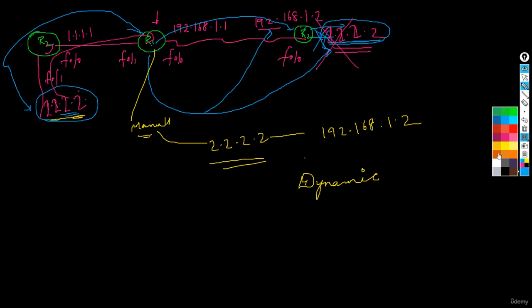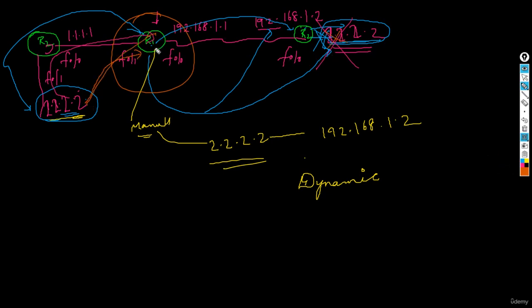Automatically that entry is going to be stored in this routing table. This entry will be removed and this entry will be stored. So our packets automatically go. No need to manually telnet or SSH to this router and remove this route and enter this route. No need to do it manually. Automatically this will happen with the help of a dynamic routing protocol.